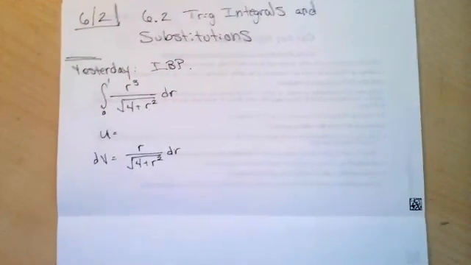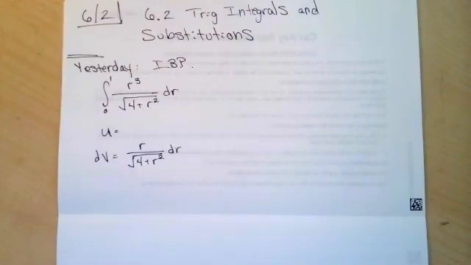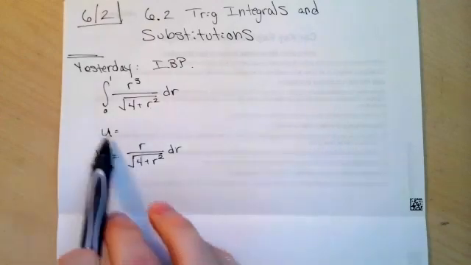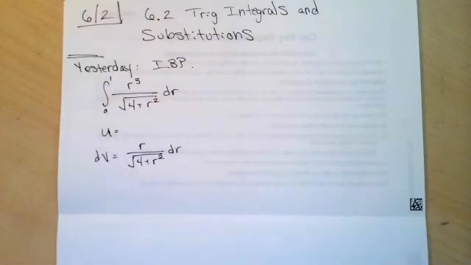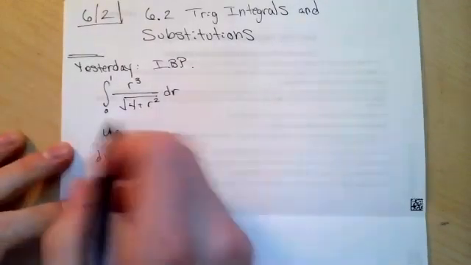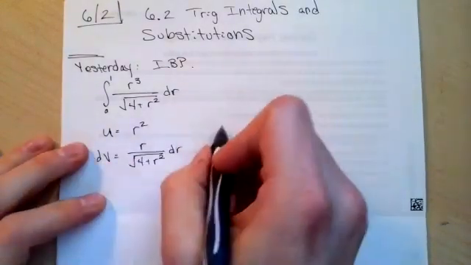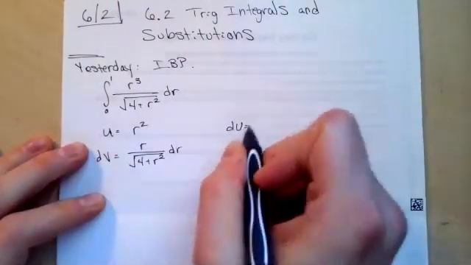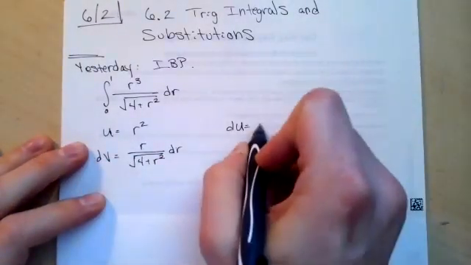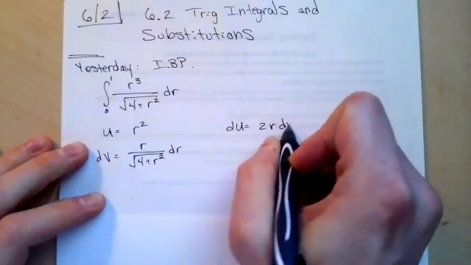This is a nice term we can integrate, at least with some u substitutions. And we may want to choose a different variable than u. Of course, with integration by parts, our formulas, we like to use u and v's as well. And then our u, we would make as r squared. And our du is easy enough to compute.